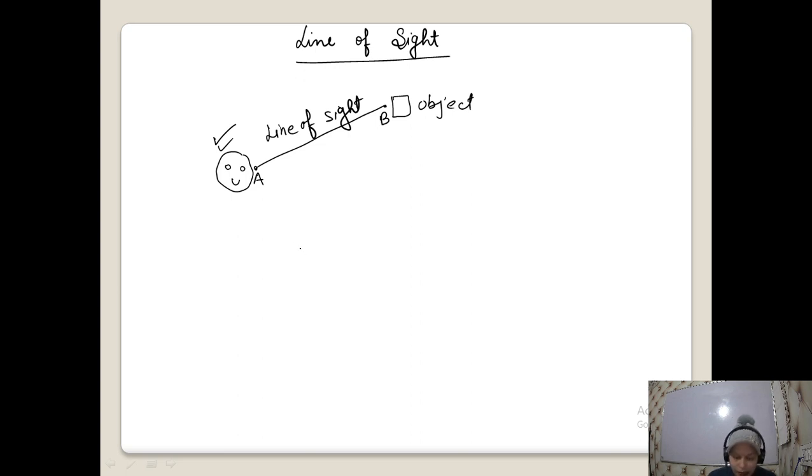Now, the second concept is, what is a horizontal line? Horizontal line means when an observer looks from a point to another point, like this.